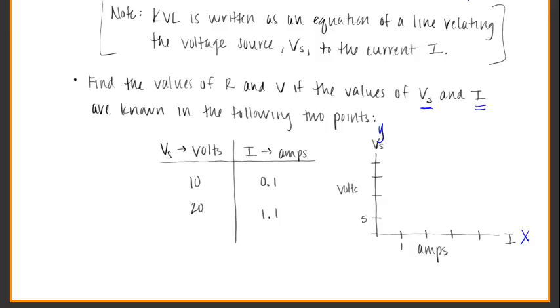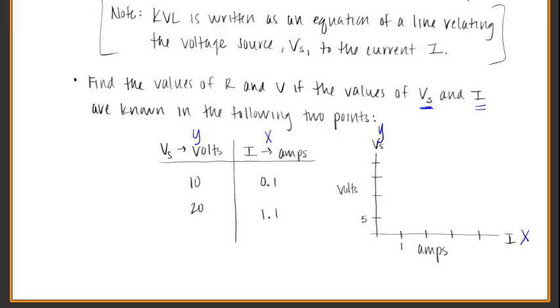We've been given a table of values. When we have 0.1 amps of flow, the voltage source required is 10. When we have 1.1 amps of flow, we have 20 volts. This T-chart is a little bit backwards, so pay attention: here are all of our X values, and there are all of our Y's.